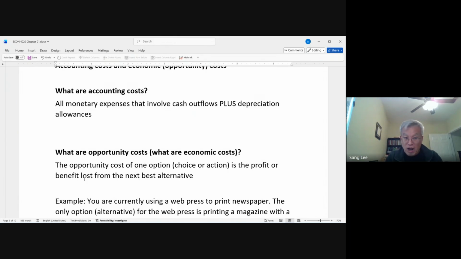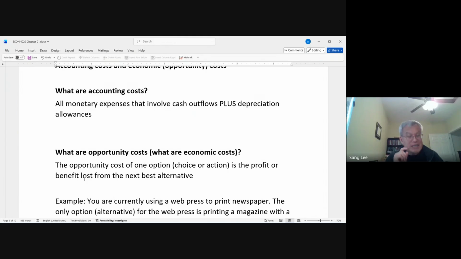So if you do not actually spend the money, if you do not incur the monetary outlay, then you are not incurring accounting costs. So accounting costs must entail actual cash outflow out of your pocket or out of your bank account. Okay.